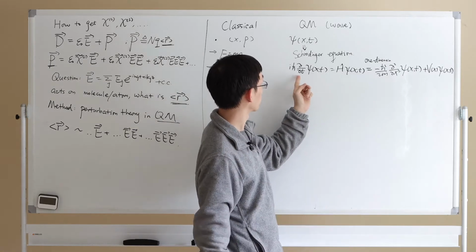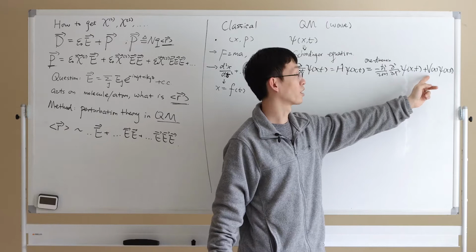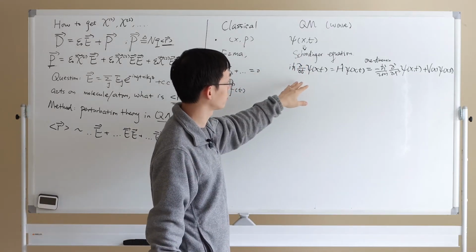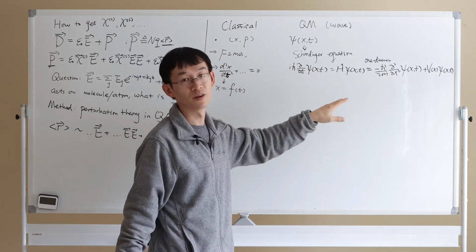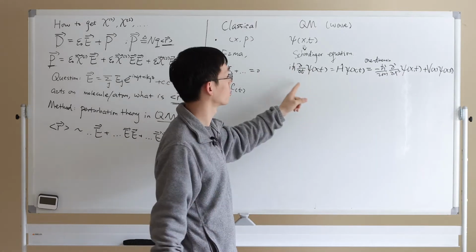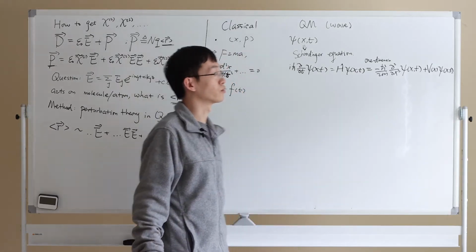You have the first derivative of time, the second derivative of space, and then you have a potential here. You might think, where the hell does this come from? It looks absolutely absurd. Later we'll justify this, and then you'll see it's very natural to write this down.